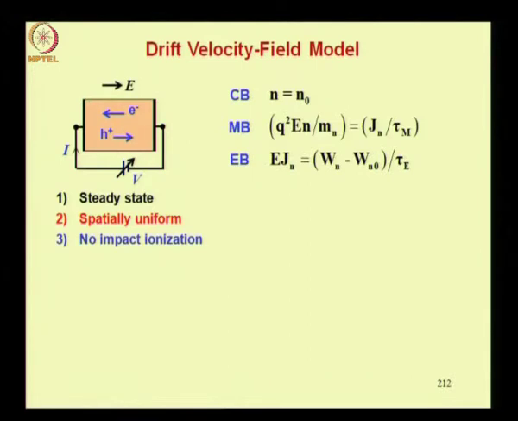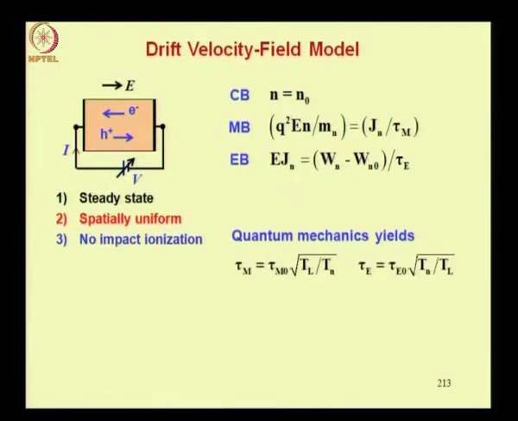So we will work with the carrier balance, the momentum balance and energy balance equations. The simplified forms of these equations are given here after all the other terms have been removed. The carrier balance equation gives the electron concentration equal to the equilibrium value, the momentum balance equation gives equality between these two terms, and the energy balance equation gives you this.